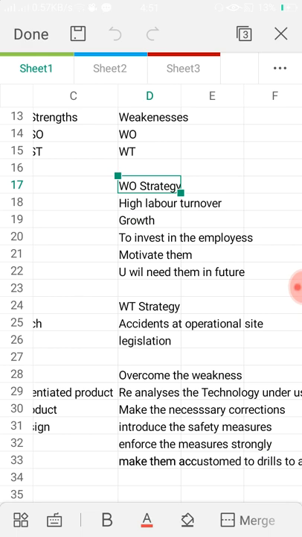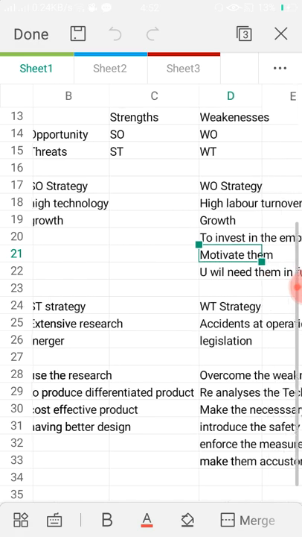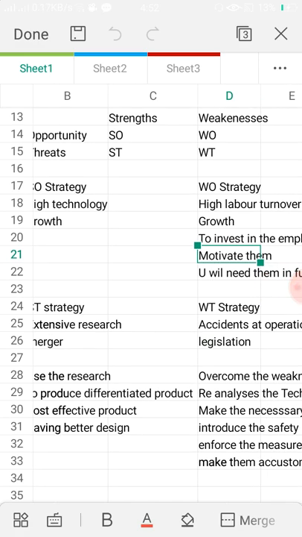In this case, you need to invest in the employees, you need to motivate them, you need to provide them what they need. In short, you need to completely facilitate all your employees. It's only if you want to stay in the competition, otherwise you will not exist in this competition.